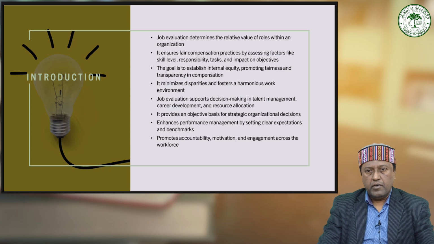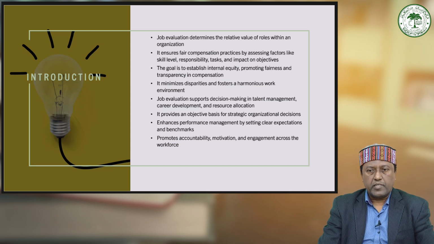These factors encompass a wide range of considerations, including the level of skill and expertise required, the degree of responsibility entrusted to the job holder, the nature of the tasks performed, their working condition, and the impact of the role on organizational objectives. By meticulously evaluating these facets, organizations can gain valuable insight into the relative contribution of different jobs to the overall success and effectiveness of the enterprise.